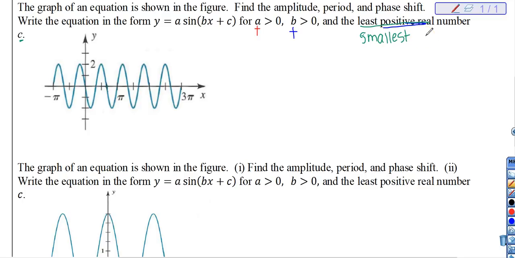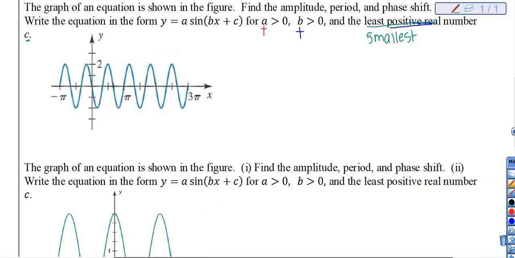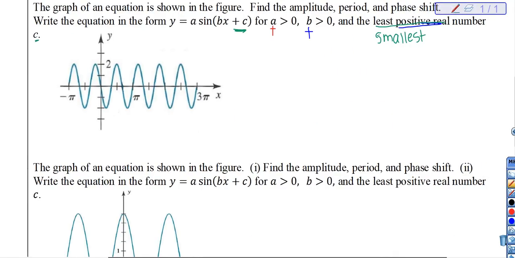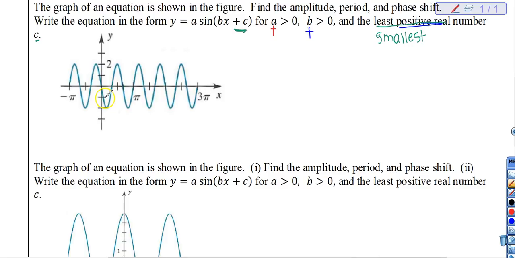Which means when I'm looking at this graph here, if it's a positive C, is it pushing my graph left or right? If it's a positive C, we go the opposite direction, left. So the least positive real number C is the shortest shift to the left possible.